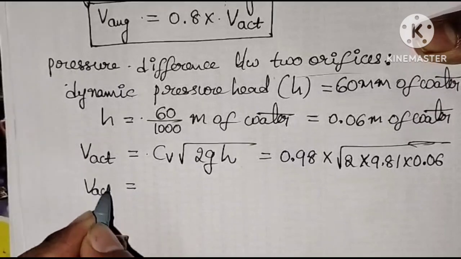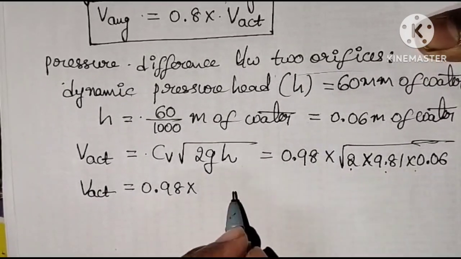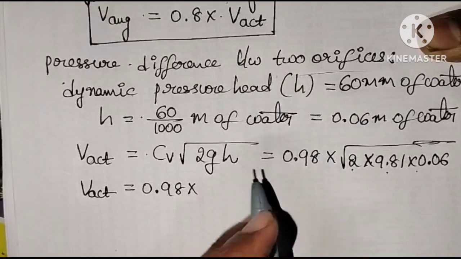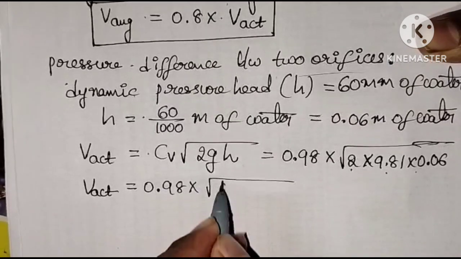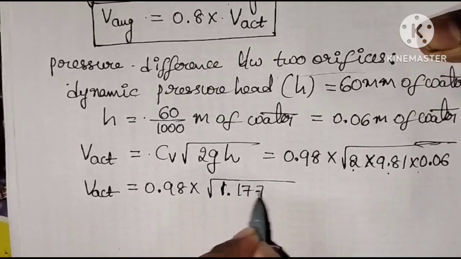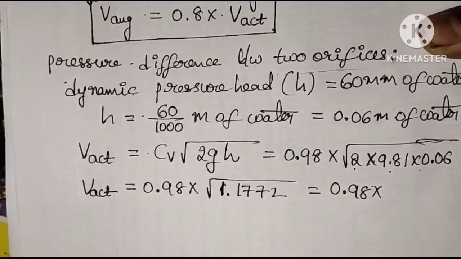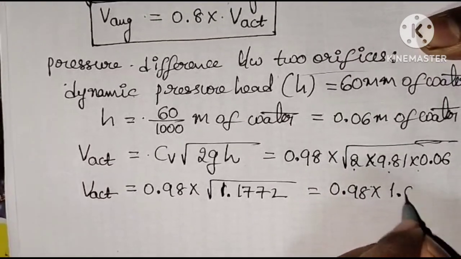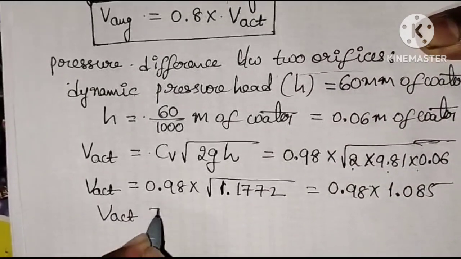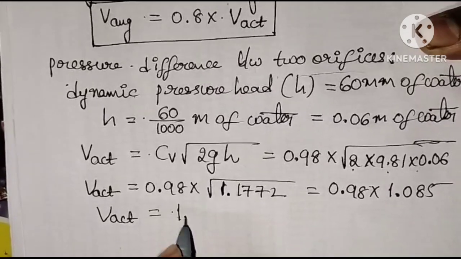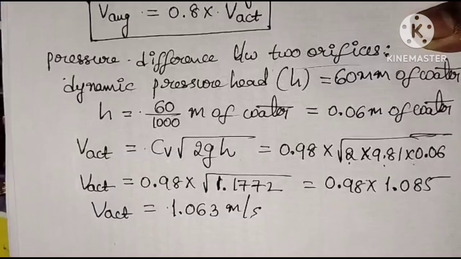So V actual is equal to 0.98 into root over 2 into 9.81 into 0.06. Its value is around 1.1772, and the root is approximately 1.085. If you multiply, you will get 1.063 meter per second. This is the actual velocity, or central velocity, of the pipe.